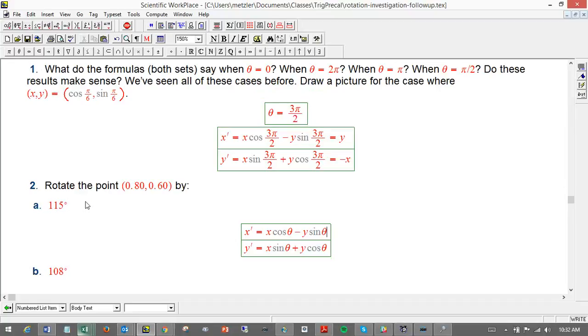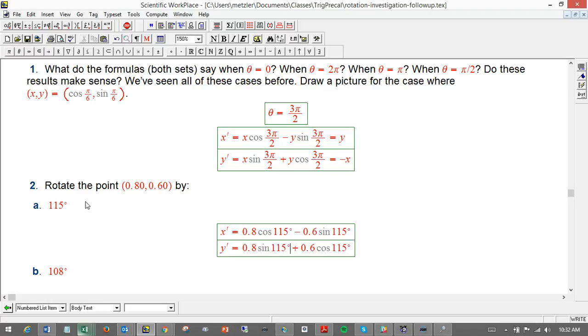Okay. So now I'm just going to plug in the 0.8 and the 0.6, and the 0.6 and the 0.8. And I'm going to plug in the 115 degrees. I'm just going to copy and paste that, and put that in for theta everywhere.